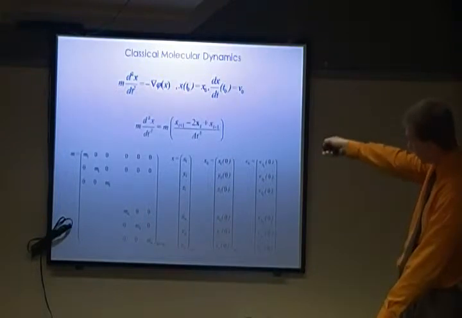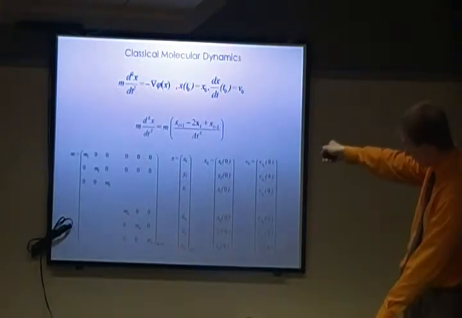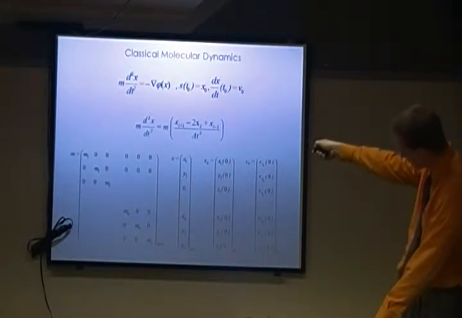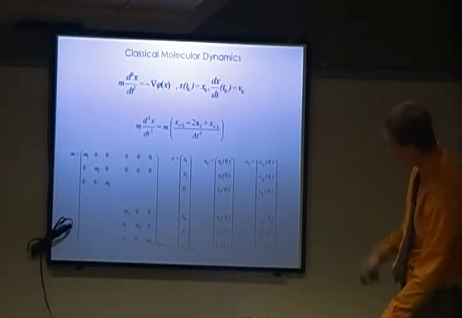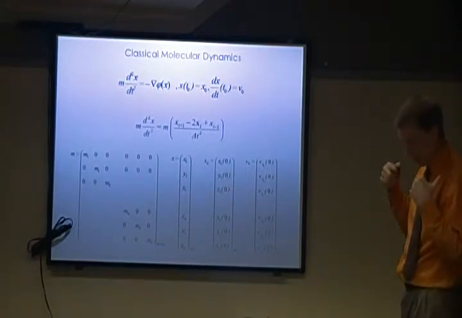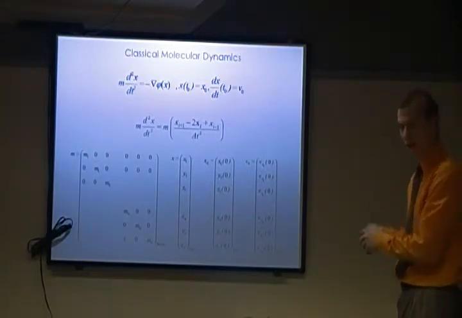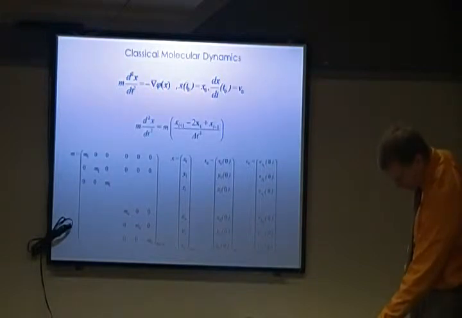Here I have the first law of motion, and the second law of motion written as mass times the second derivative with respect to t of x, equal to the negative gradient of the phi function, which is energy, which we will talk about more in a minute. It's the negative gradient of the force function phi.